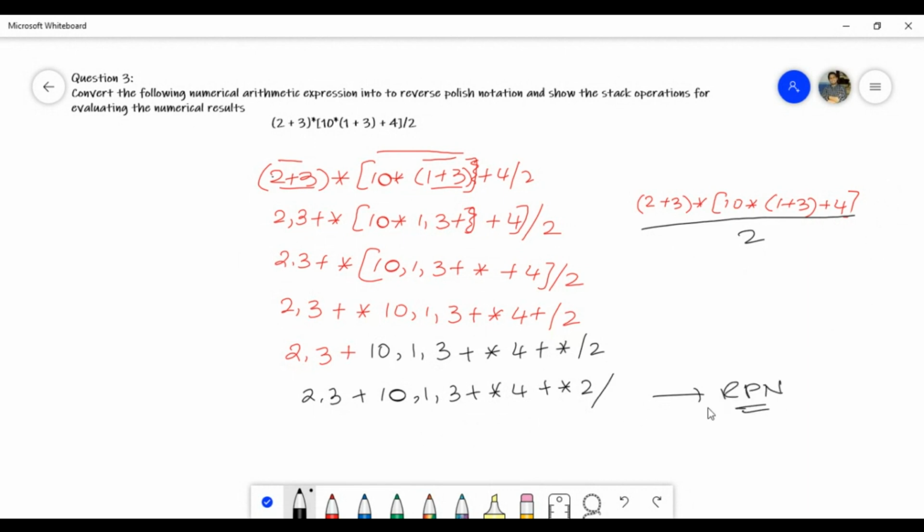Now we have to evaluate this RPN. We have to arrange this in terms of a stack and solve the numerical expression.